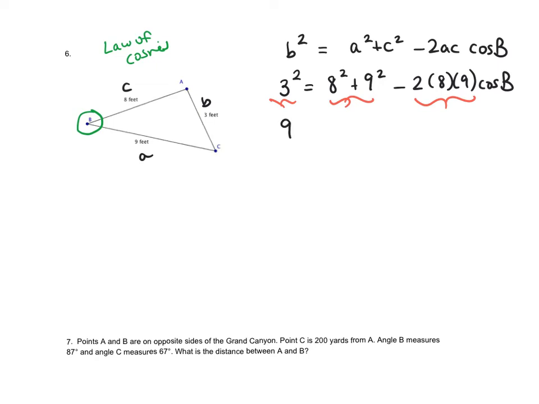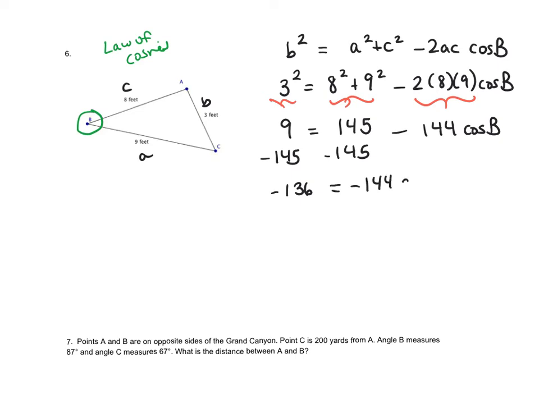So 3 squared is 9. 8 squared plus 9 squared is 145. Negative 2 times 8 times 9 is negative 144 cosine B. Then I'll subtract 145. So 9 minus 145 is negative 136 equals negative 144 cosine B. I'll divide both sides by negative 144.